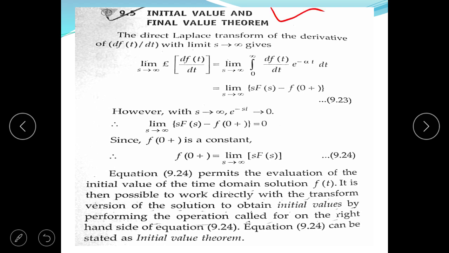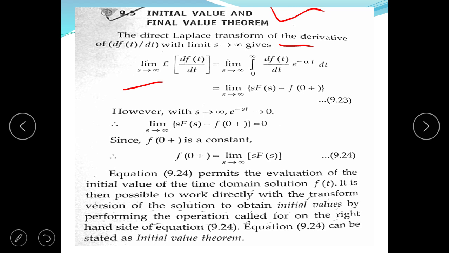So the concept is the direct Laplace transform of the derivative df(t)/dt with s tends to infinity. Limit s tends to infinity of the Laplace transform of the derivative df(t)/dt is equal to limit s tends to infinity of the integral from 0 to infinity of df(t)/dt e to the power minus st dt.